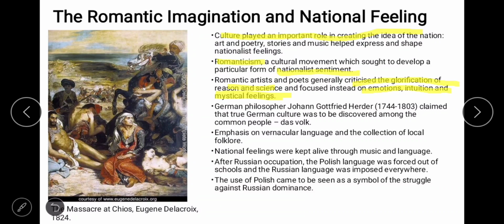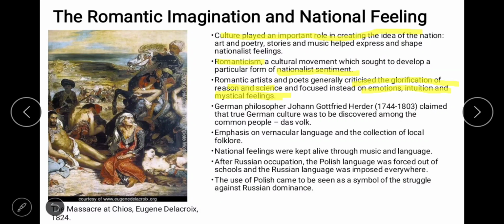The artists began to collect local folklore and emphasized vernacular language. This was not just to recover an ancient national spirit, but also to carry the modern nationalist message to large audiences who were mostly illiterate.